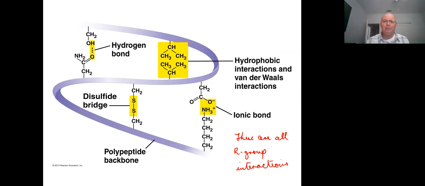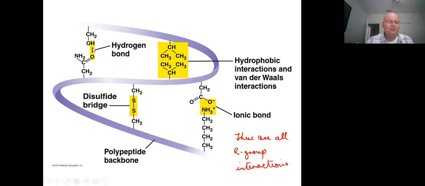So what sort of R group interactions can we get? Well, the simplest is just that they're hydrophobic. They want to be together because they're hydrophobic. So the polypeptide chain is forced to bend to accommodate these hydrophobic regions wanting to be with each other and to exclude water. And so you would expect to find these inside a polypeptide, away from the water around the surface of the folded polypeptide.